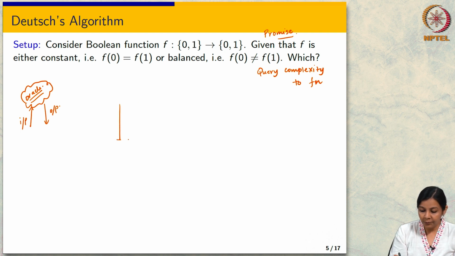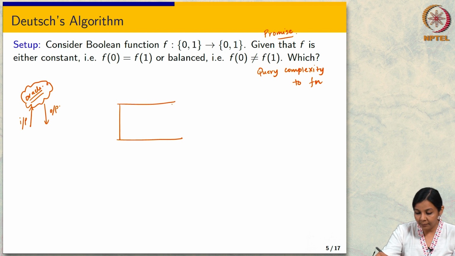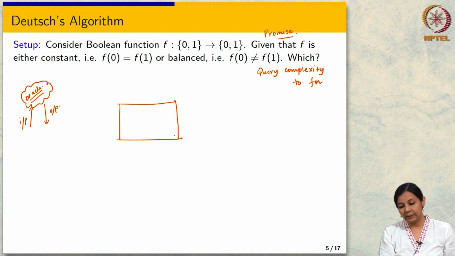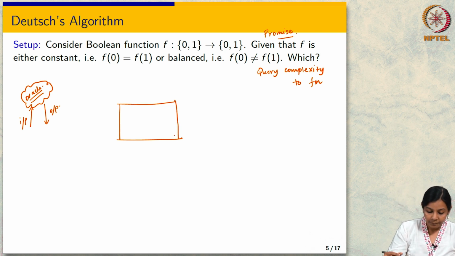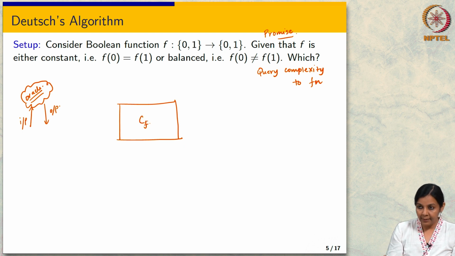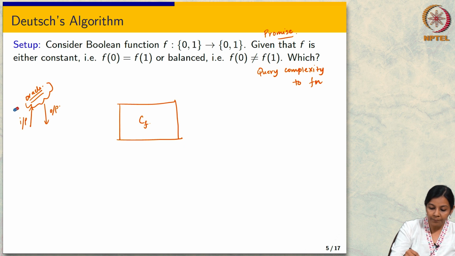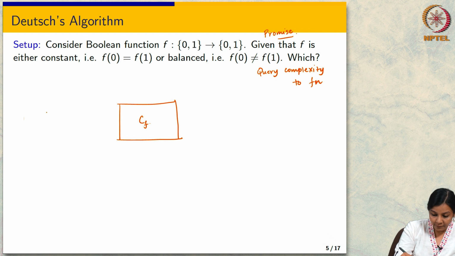I am going to show you the algorithm in a picture format. So this is my CF, right? And as I said, I want to think of how many inputs I query this with. So what we'll do is we'll take 0, apply H, and feed this to the function.